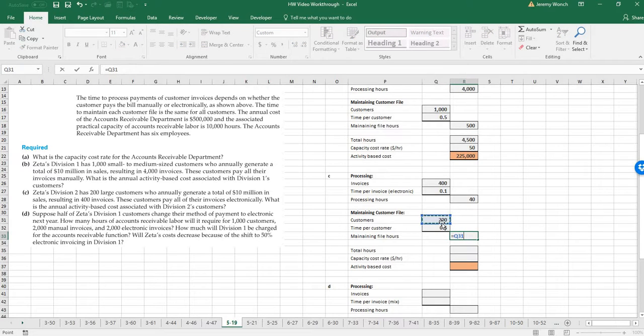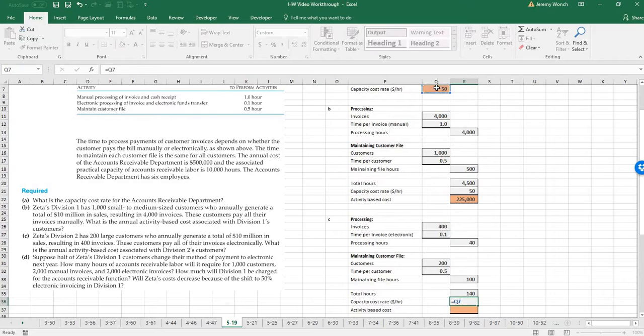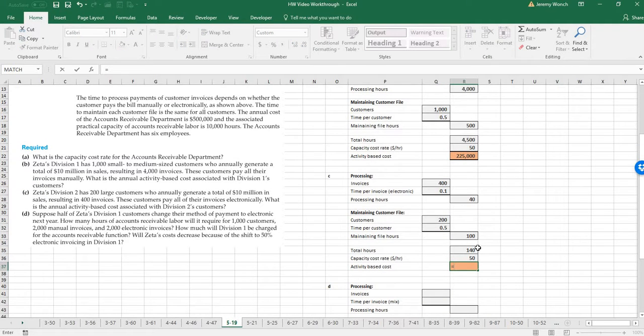Multiply that out, and they spend 100 hours maintaining the file. We've got a total of 140 hours. Add in our capacity cost rate of 50, and that would mean that out of that $500,000 in total cost, we would only allocate $7,000 to Division 2.